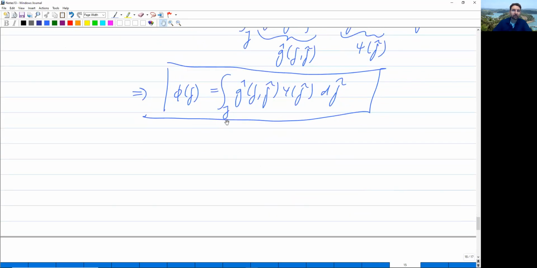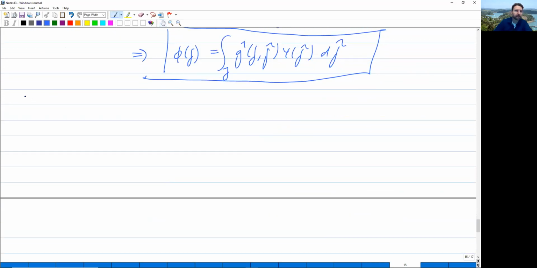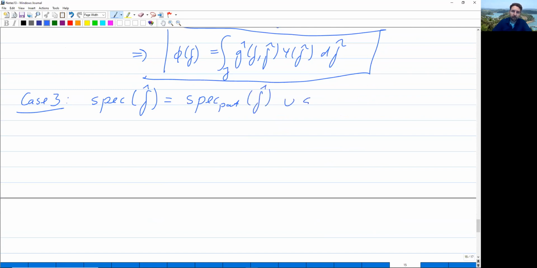Well, and then we have case 3. Case 3 in our spectral theorem for self-adjoint operators, and that's the case where the spectrum of our self-adjoint observable F hat is equal to a point spectrum, but also a continuous spectrum.